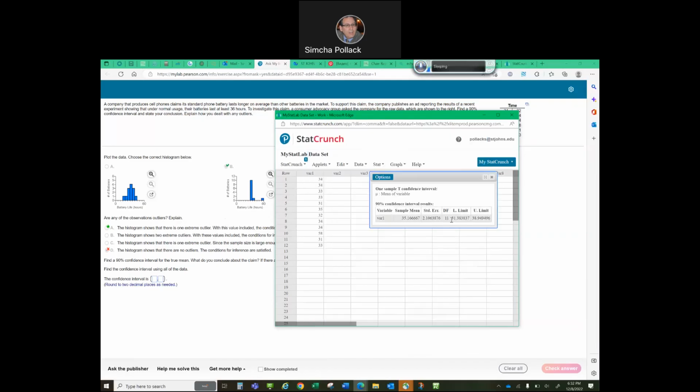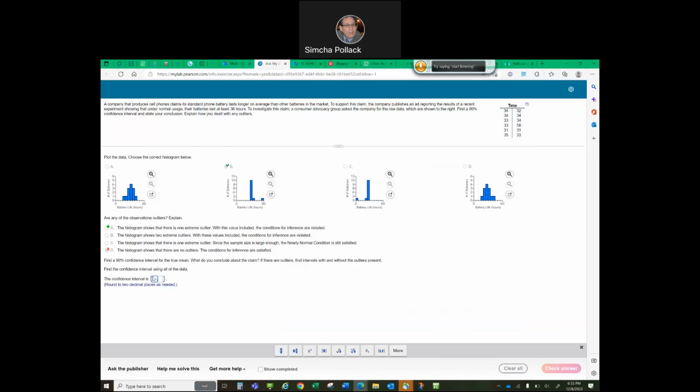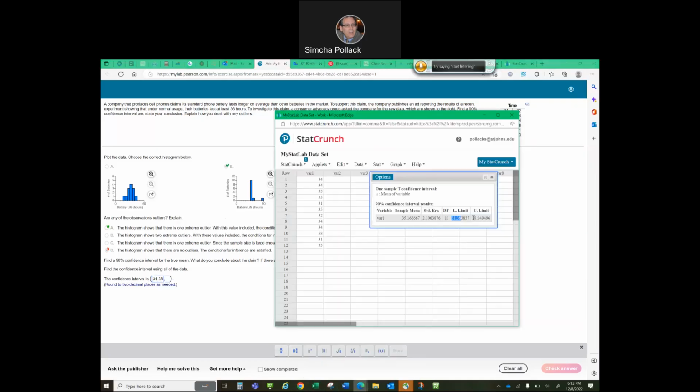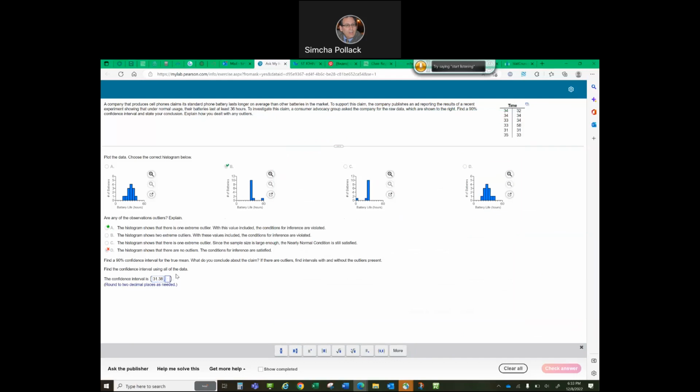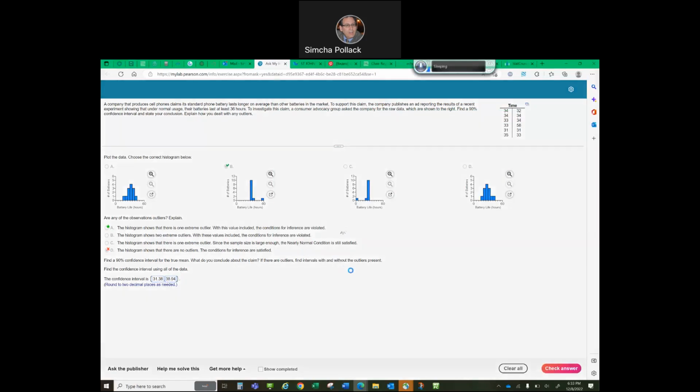And the numbers are somewhere between 31.38, copy, can't seem to drag it, and the upper end of this interval is 38.94. And let's test that out, and we're good.